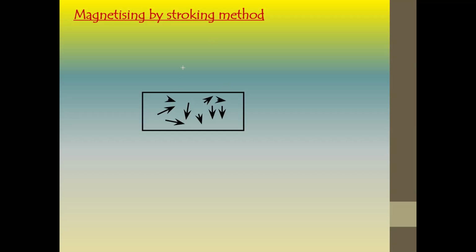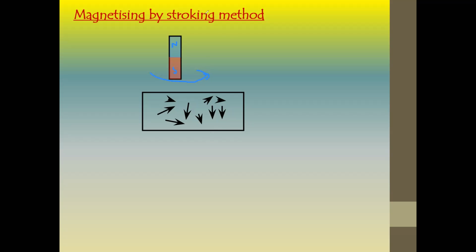So what you can do is take a permanent magnet and rub it many times in one direction. For example, south is here and north here. So we will rub this magnet many times on the surface which we want to magnetize.